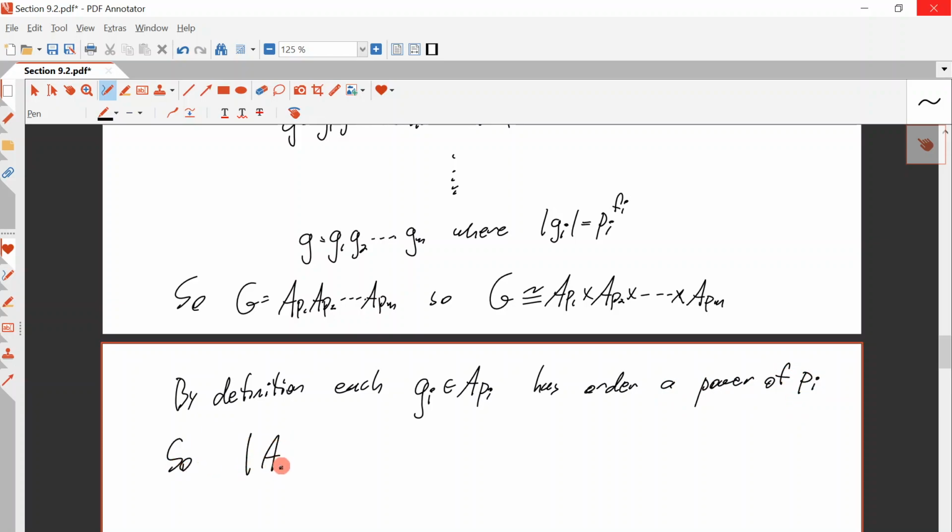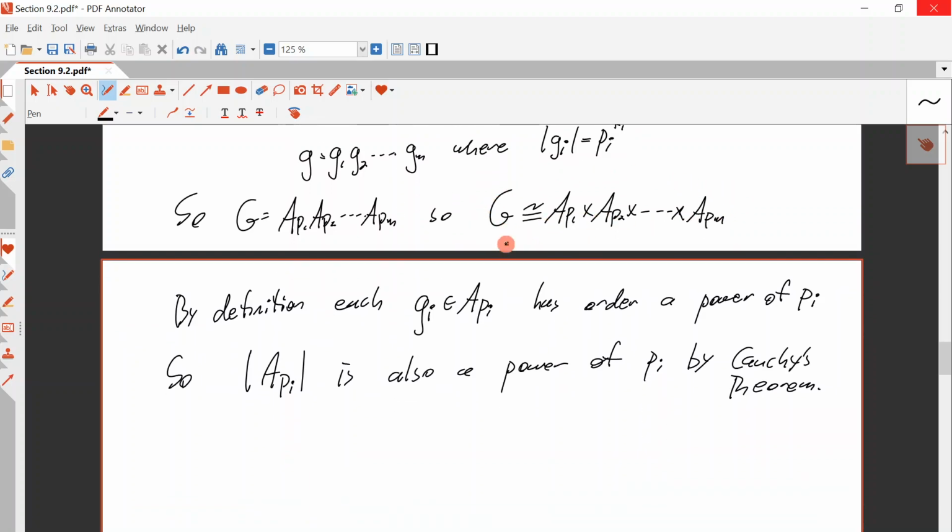So the order of A_Pi is also a power of P to the i by Cauchy's theorem. Because if some other prime Pj divided the order of A_Pi, then there'd have to be some element of order Pj. But there isn't by definition. So the order of A_Pi is a power of Pi.